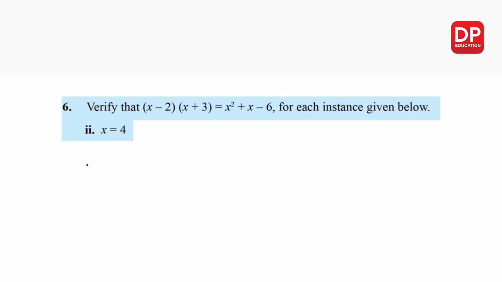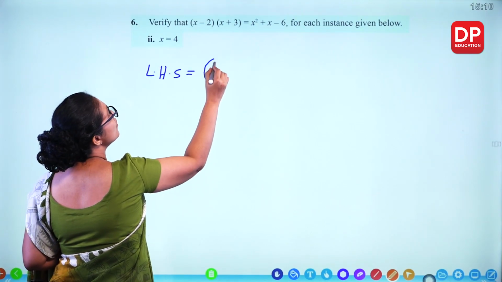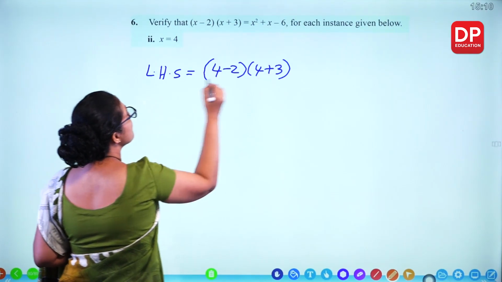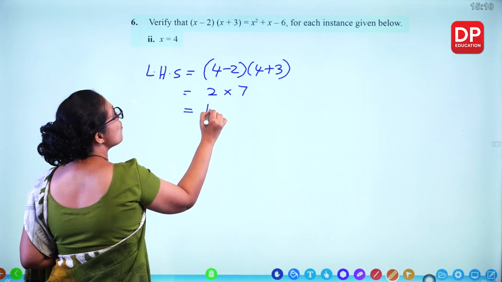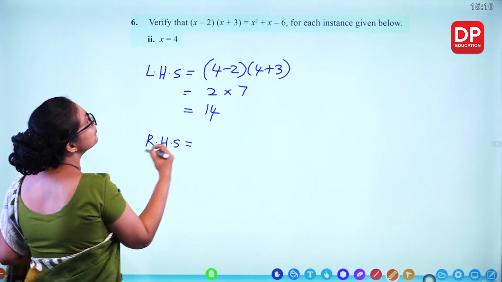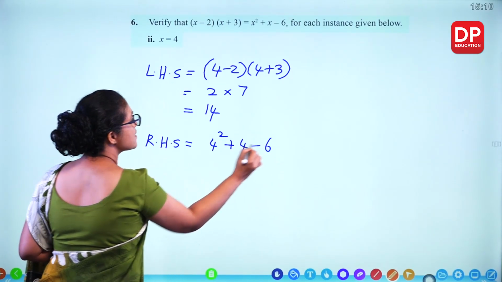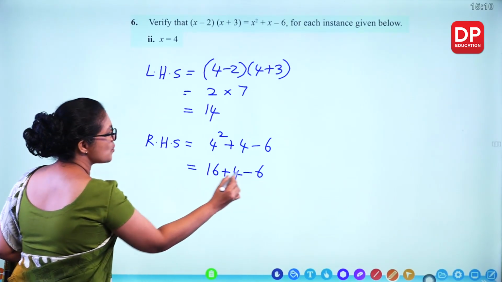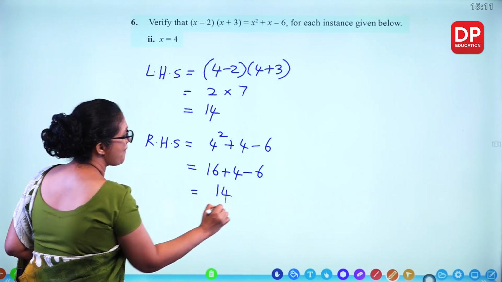Now what's the second part? X equals 4. So take the left hand side, substitute x equals 4. 4 minus 2, 4 plus 3. 2 and 7. So you get 14. Right hand side, x squared. So 4 squared plus 4 minus 6. 16 plus 4 minus 6. 20 minus 6, you get 14.